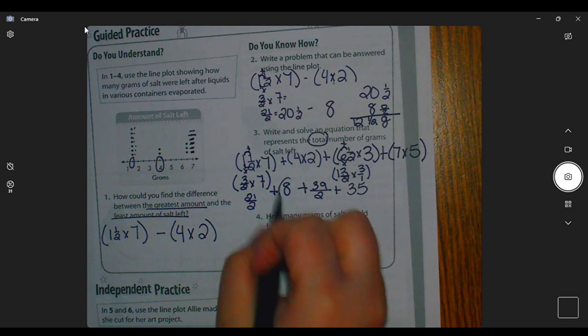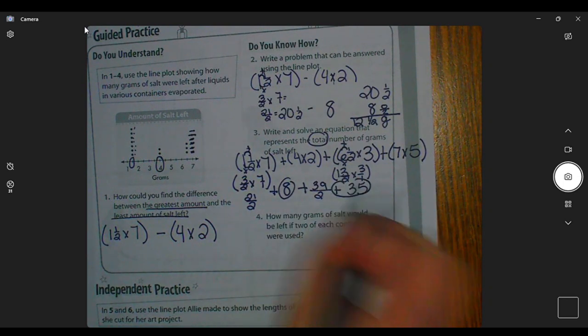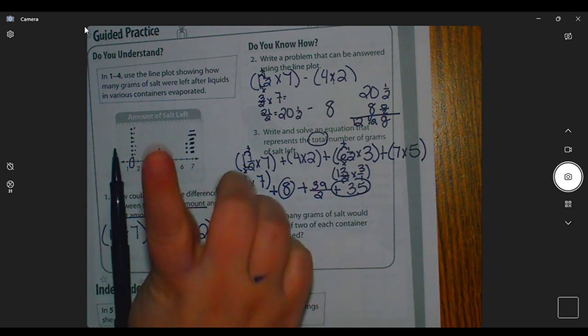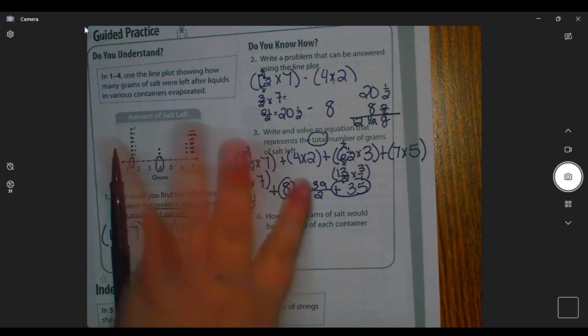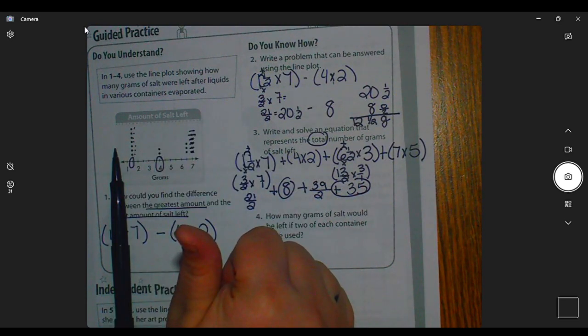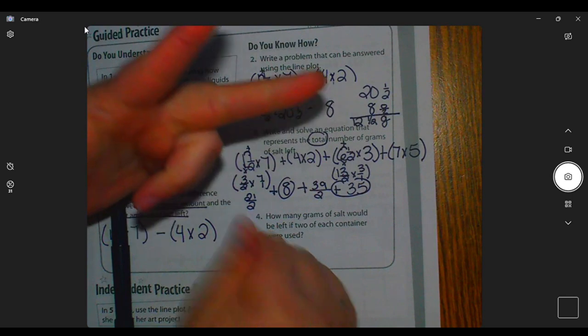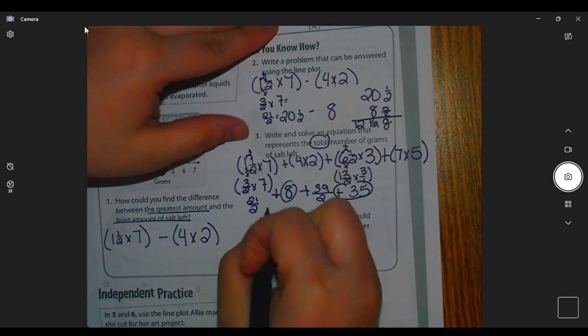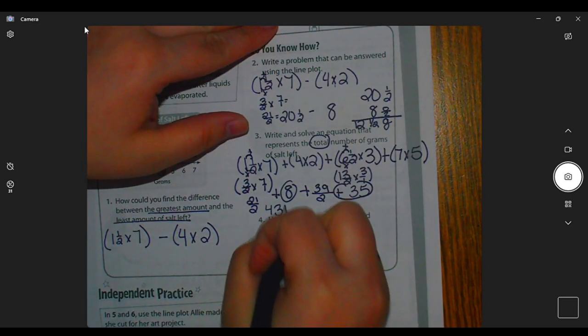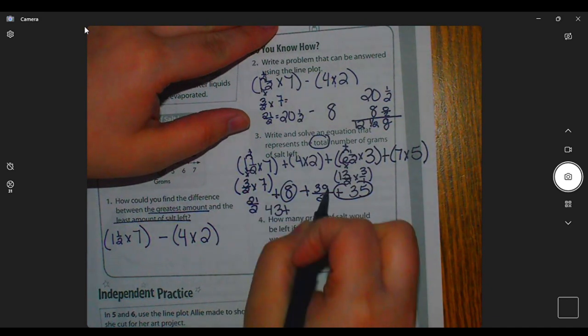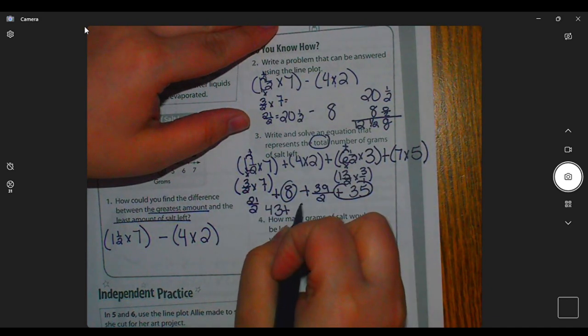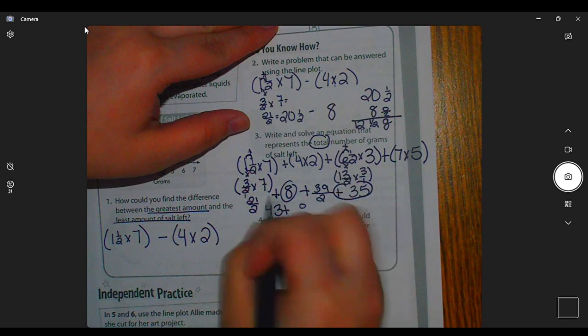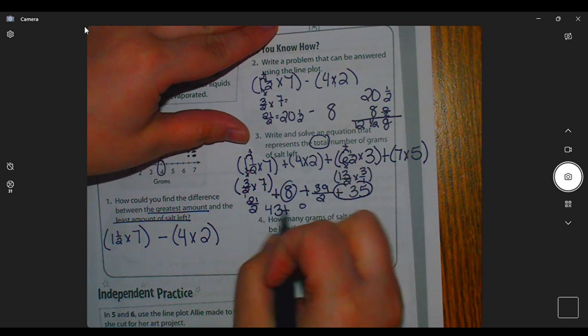So 8 plus 35, so 35, 36, 37, 38, 39, 40, 41, 42, 43. I get 43 plus 1 plus 9 is 10. 3 plus 2 is 5, plus 1 is 6.